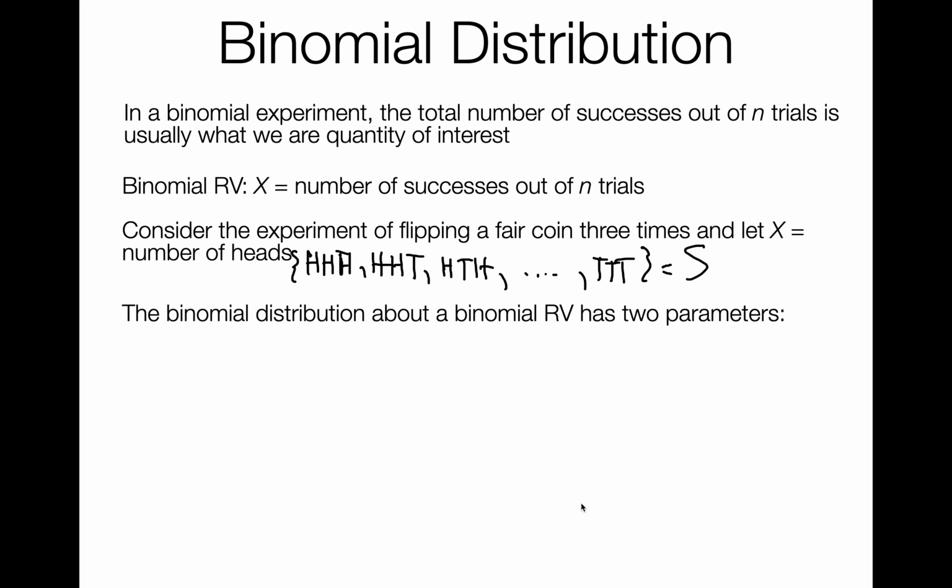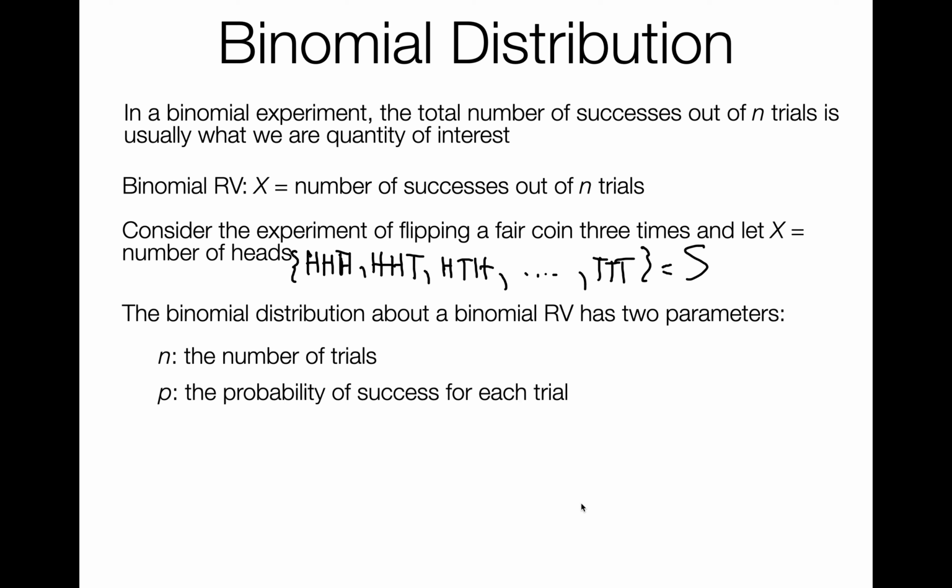The two things that define a binomial distribution, or a fancier way to say that, parameterize a distribution, are the number of trials, so how many trials I do, and the probability of success for each trial. So the binomial distribution has 2 parameters that distinguish it from any other binomial distribution: how many trials you are doing and the probability of success for each trial.